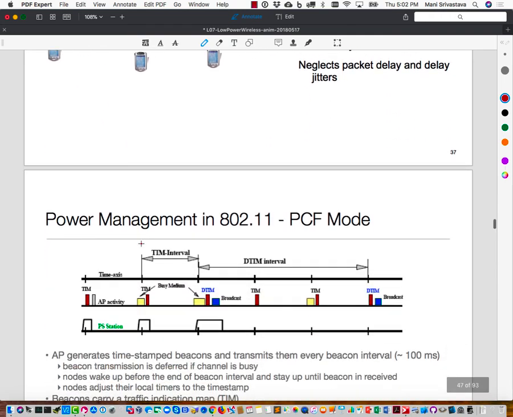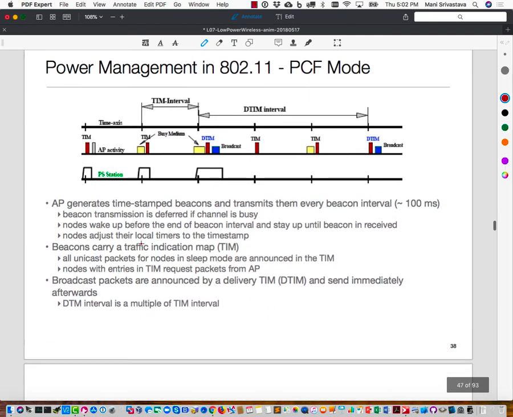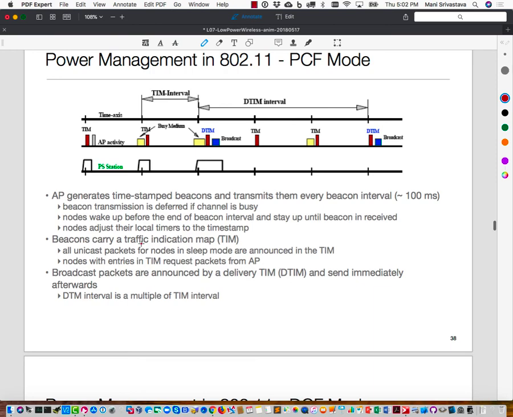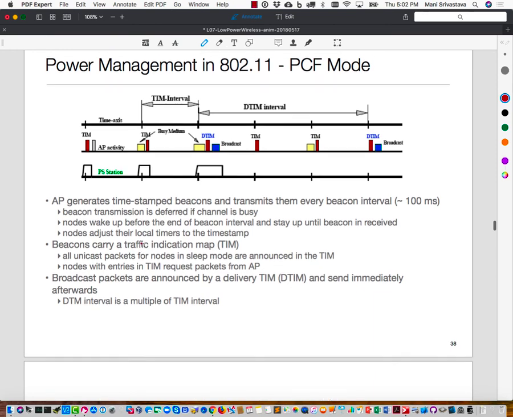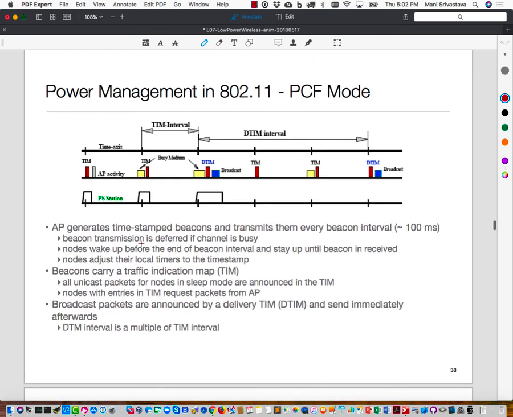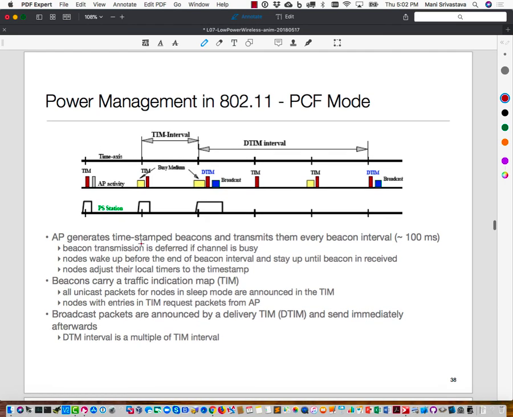So 802.11 then ends up looking something like this, the overall picture. The access point, the base station, generates timestamp beacons and transmits them every beacon interval, which is around 100 milliseconds or so. Nodes wake up and look at the timestamp carried in that beacon and adjust their clocks. These beacons also carry a traffic indication map.